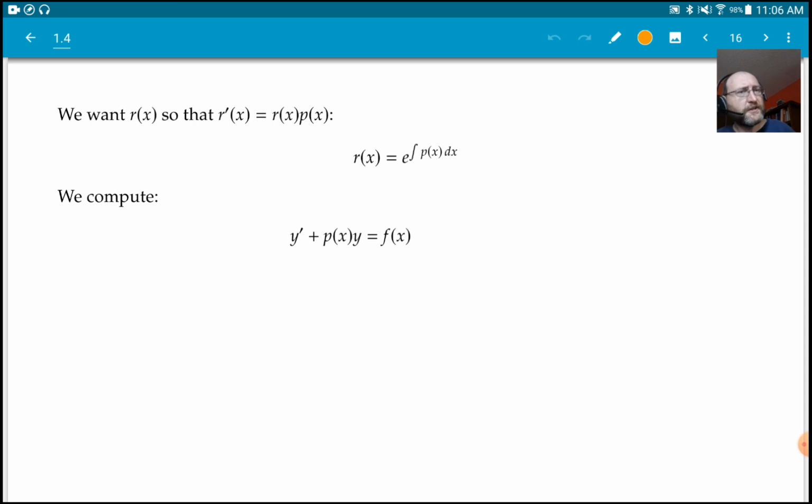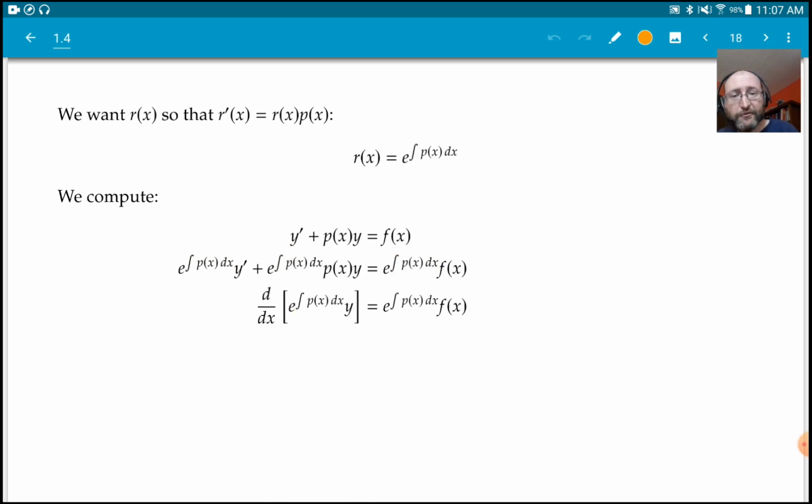All right, so let's try it. Let's start with this equation and multiply by this r. You multiply every term by this. And then we do notice that if we take the derivative of this by the product rule, once you're going to get y prime times this r, and once you're going to differentiate this r and get e to the antiderivative of p times p, and then times y.